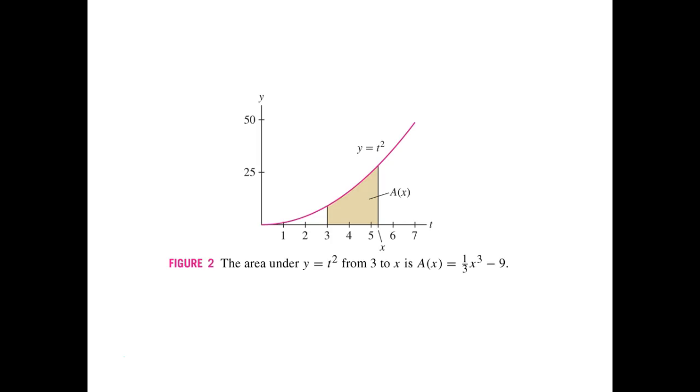And that's your area as a function of what value of x you got there. Okay? Make sense? All right. Now, here is the fundamental theorem of calculus part 2. Remember what part 1 was?